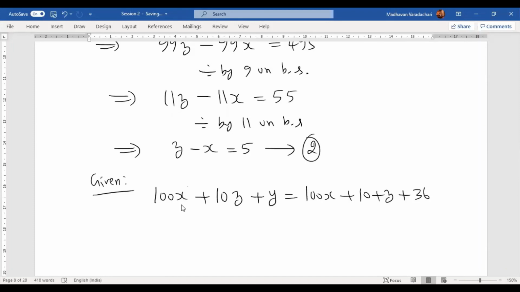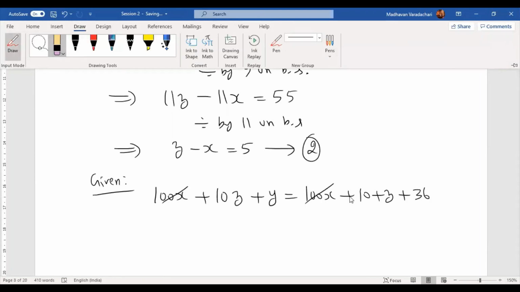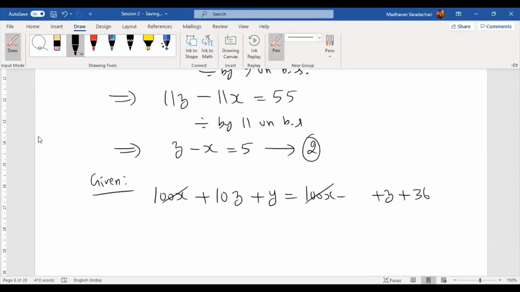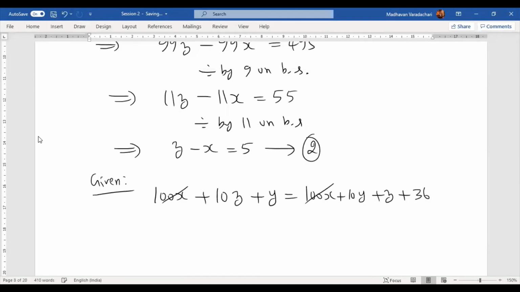Now 100x I can cancel, which is appearing on both sides. Here I should have written 10y, not simply 10. Since 100x is appearing on both sides, I cancelled it.